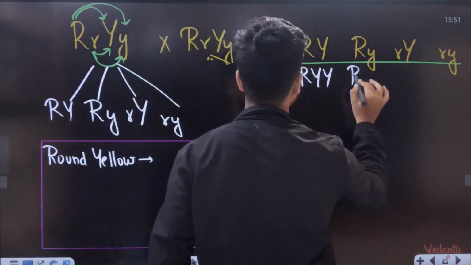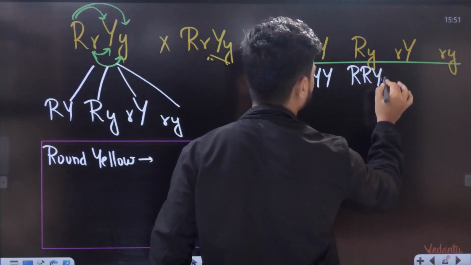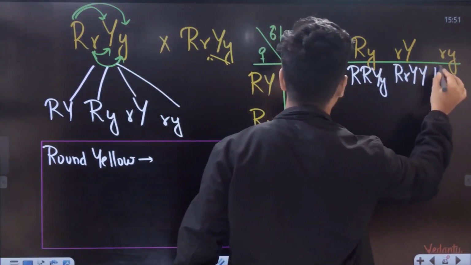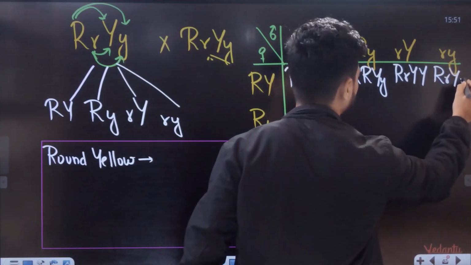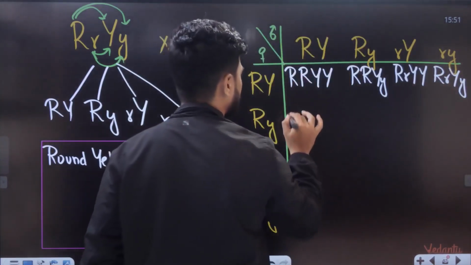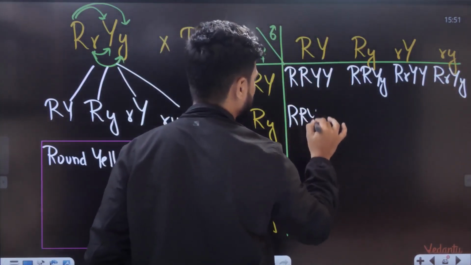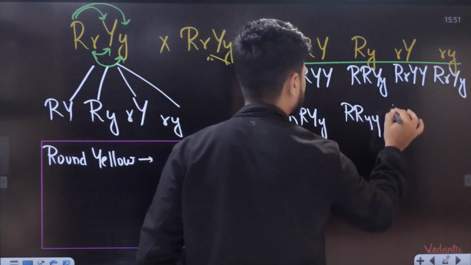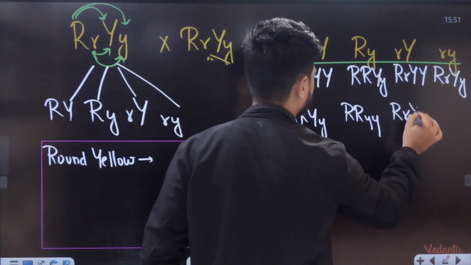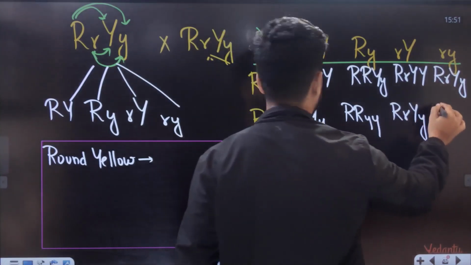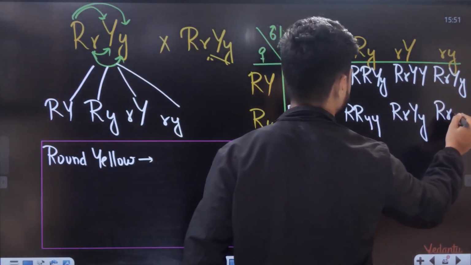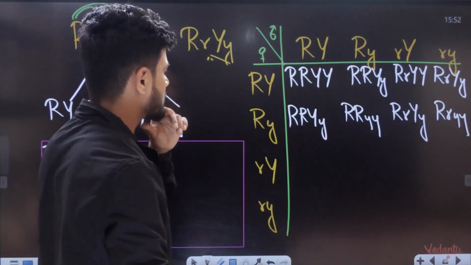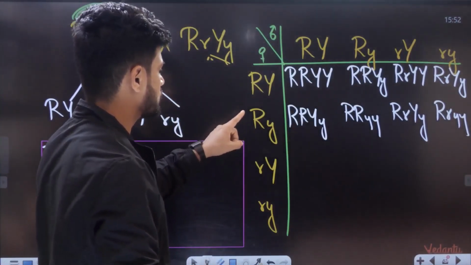Capital R, capital R, capital Y, small y, capital R, small r, capital Y, capital R, small r, capital Y, small y. Here what do we get? Capital R, capital Y, small y, capital R, small y, capital R, small r, capital Y, small y, capital R, small y, small y. Correct, no? Capital R, small r, small r.